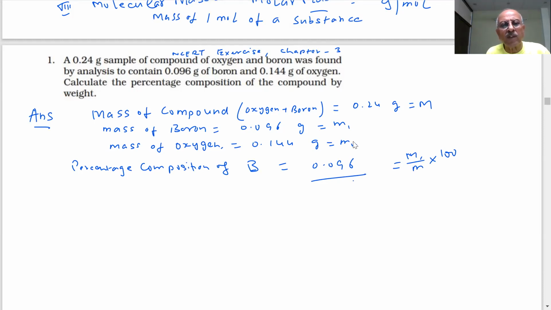Mass of the boron is 0.096. Total mass of the compound is 0.24, into 100. What is the answer coming? 400%. 400%. How much is it?